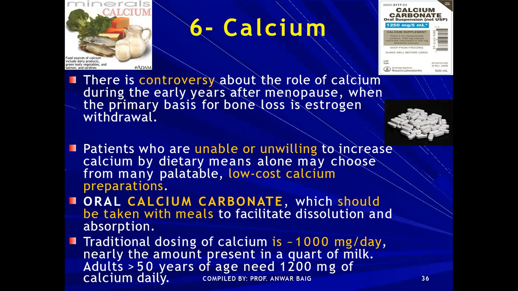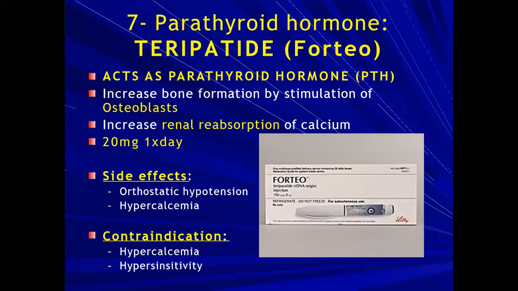Patients who are unable or unwilling to increase calcium in their diet may use low-cost calcium preparations such as calcium carbonate, which should be taken with food to facilitate distribution and absorption. The traditional dosing of calcium is 1,000 milligrams per day, nearly the amount present in a quart of milk. Adults more than 50 years need 1,200 milligrams of calcium daily.